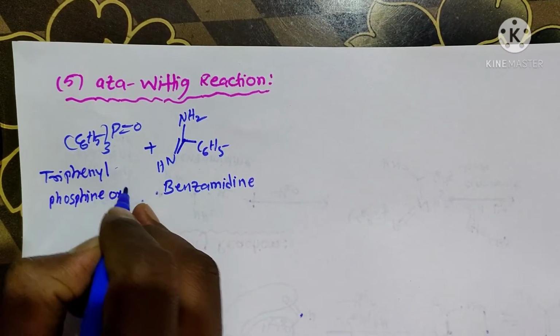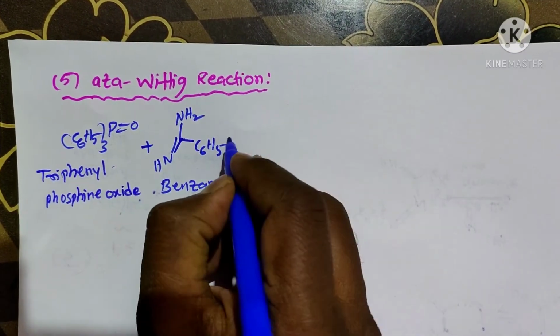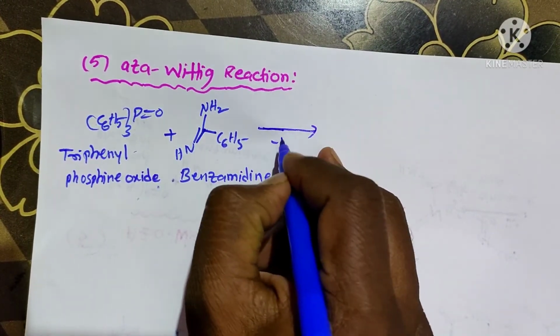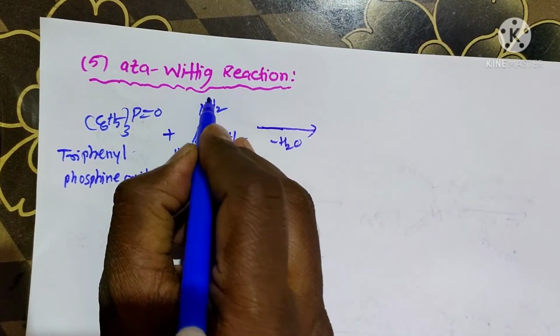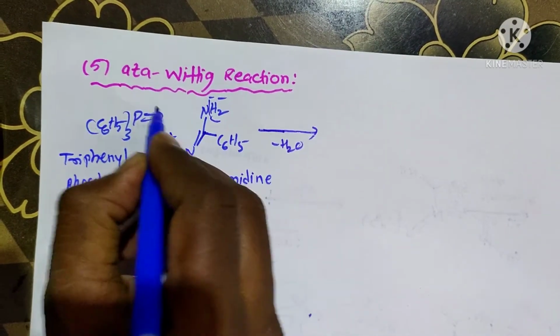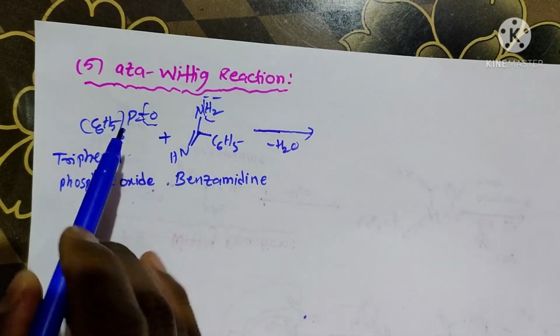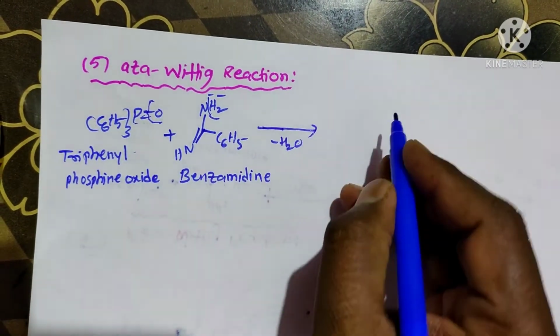First of all, what happens, water goes outside, 2 hydrogens from here and 1 oxygen from here go outside in the form of water, and a double bond is formed between this phosphorus and the nitrogen.